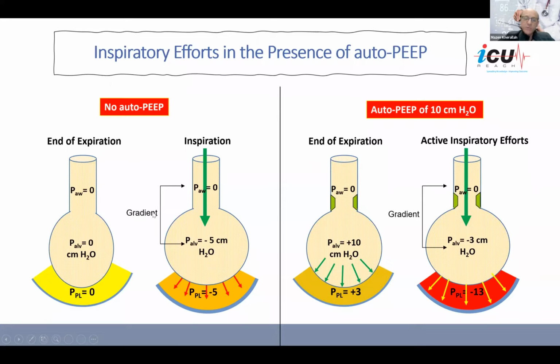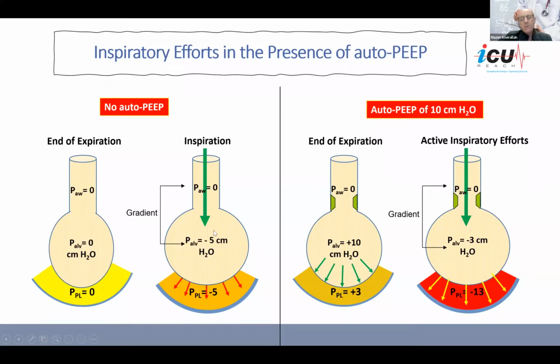Much higher than if we don't have PEEP. Here, if we don't have PEEP, you can see that the patient, all he needs to do is drop the pressure from 0 to -3. We have -5 here, but if we're setting it at -3 to trigger the ventilator, where the patient is able to generate a flow from 0 to -3, there's a gradient.